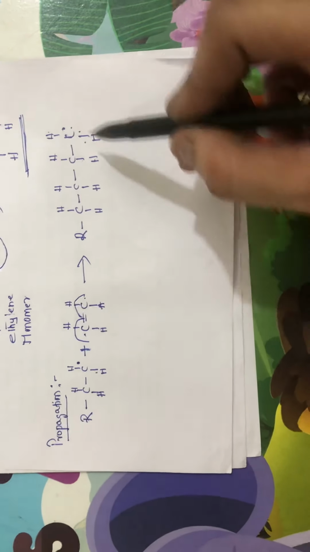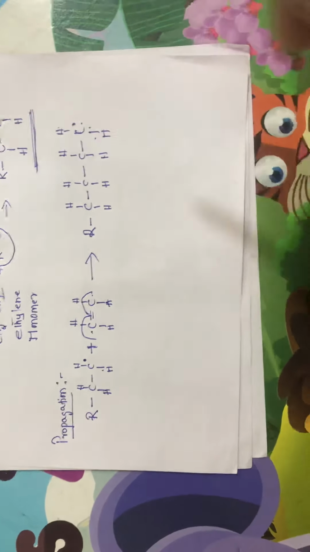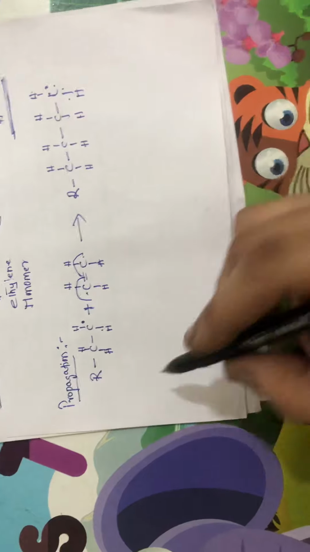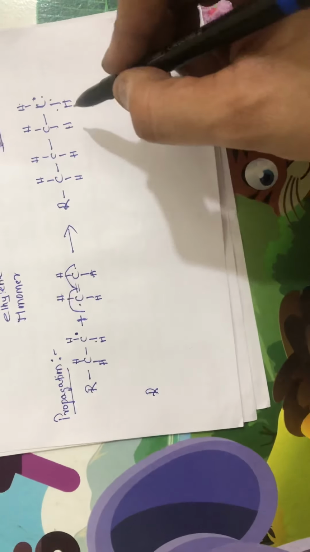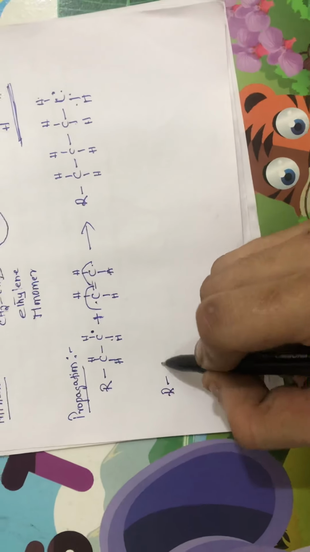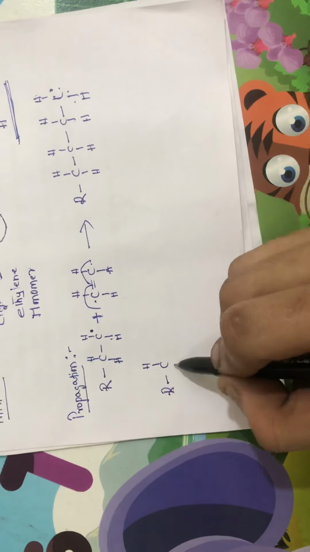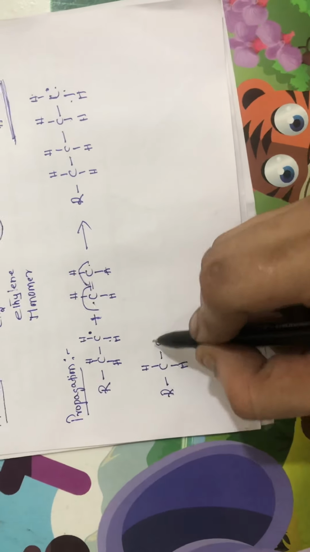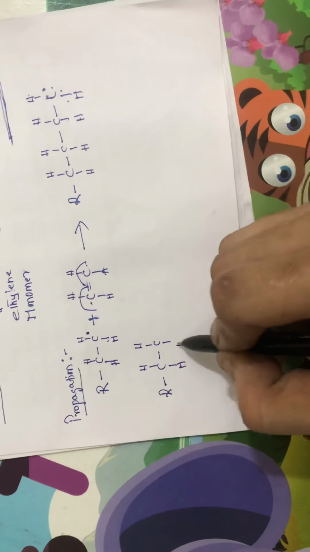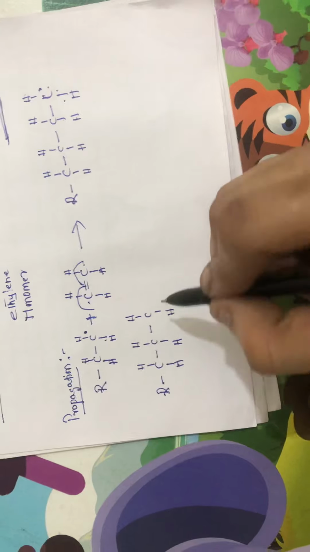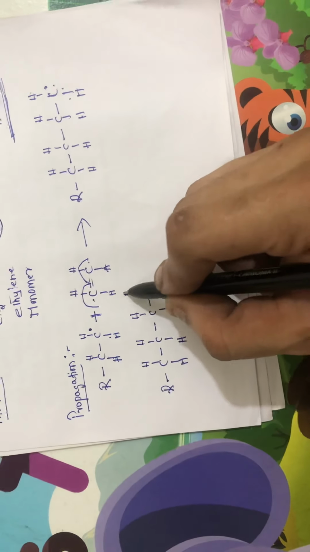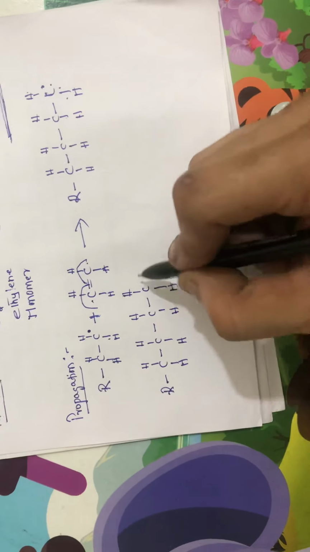This process is a continuous process. How do we know that it is continuous? Now take this obtained product, R CH2 single bond CH2 single bond CH2 single bond CH2, right?